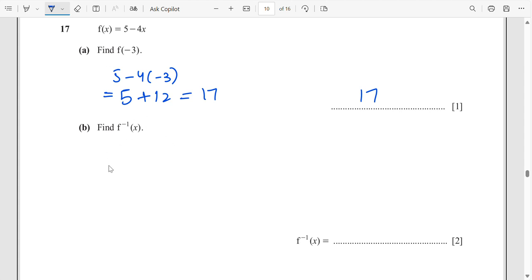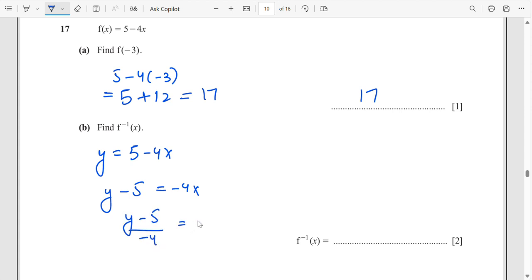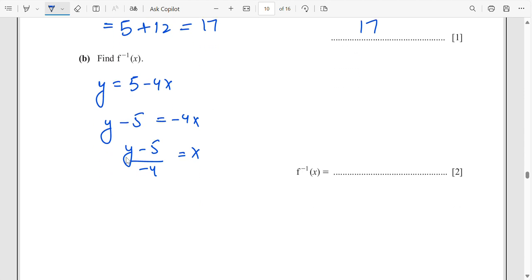Next we have to find the inverse, f inverse of x. For that, our step 1 is to write f of x as y. Then we need to make x the subject. I don't like having minus 4 in the denominator, so I'll take minus common.